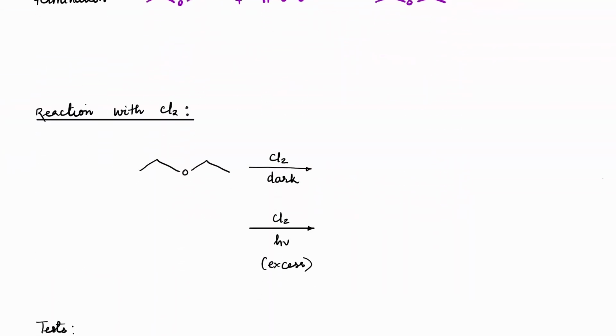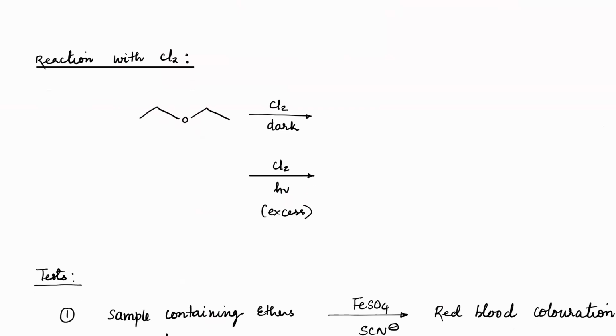Now, what if you react with chlorine? With chlorine in dark conditions only, one chlorination would happen. If you have excess in dark condition, 2 chlorines maximum can come on the 2 alpha positions here. That's it.